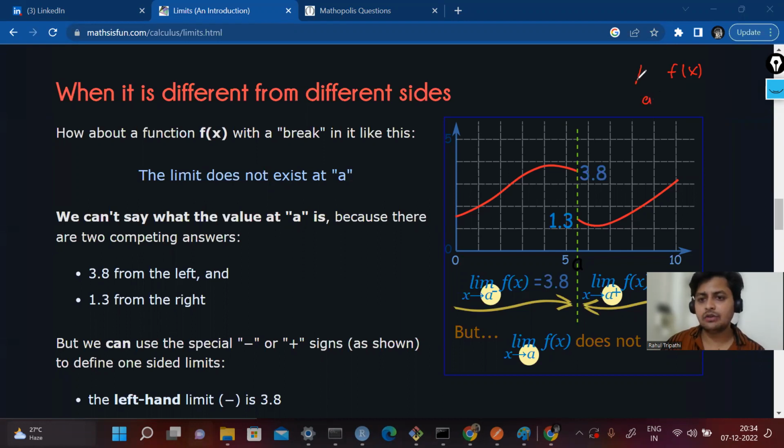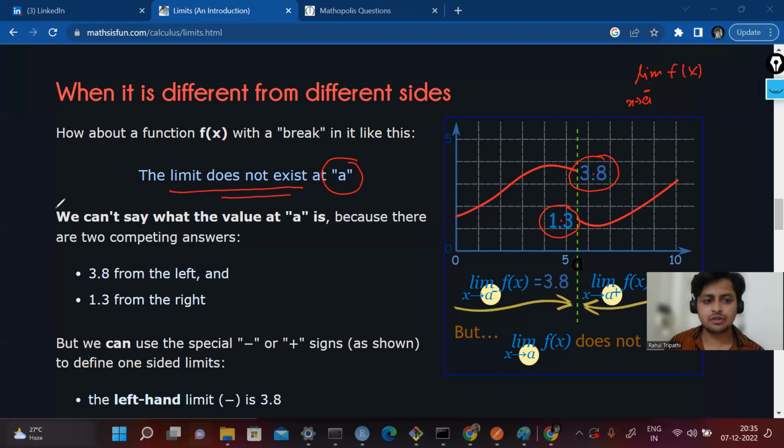To find out, you apply the concept of limit, and you try to find the left hand side limit. From the left hand side you encounter 3.8, and from the right you get 1.3. So the left hand limit and right hand limit are not equivalent. In that case we can say that the limit does not exist at particular point a.